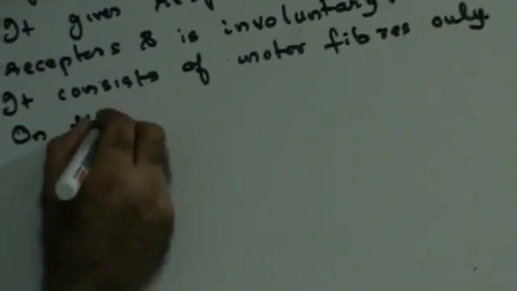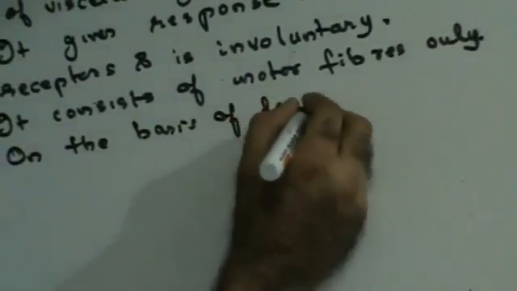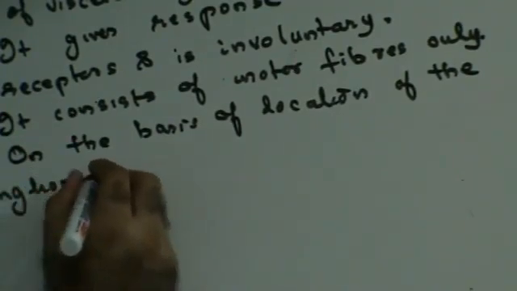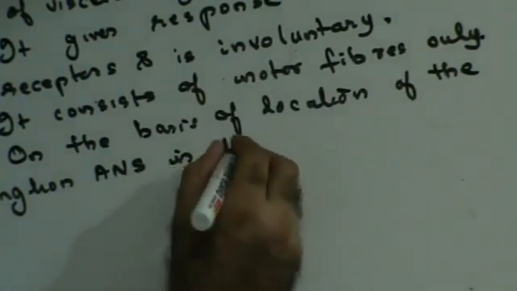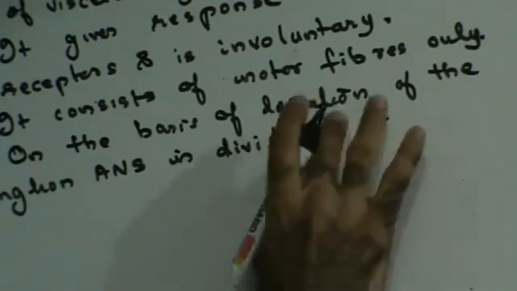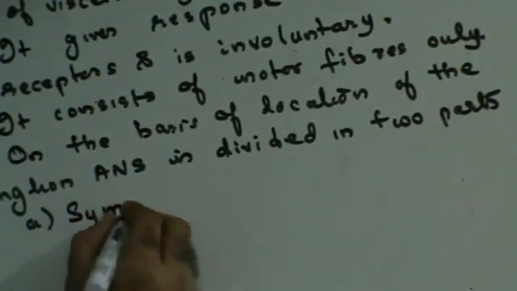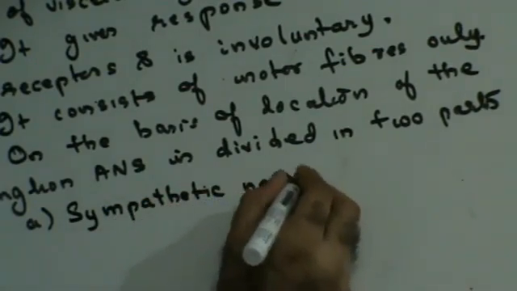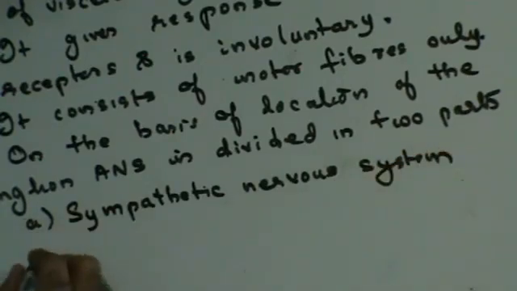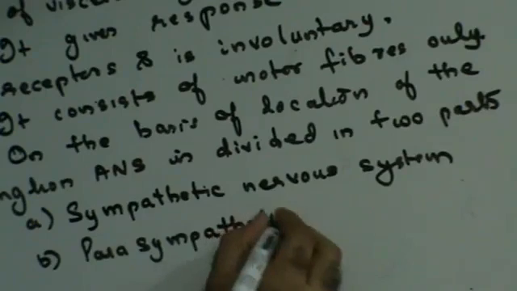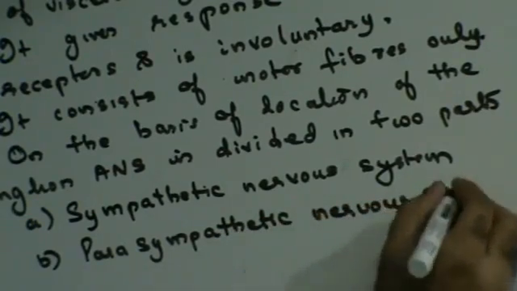Now, on the basis of the location of the ganglion, the autonomic nervous system is divided into two parts, which are the sympathetic nervous system and the parasympathetic nervous system, right?